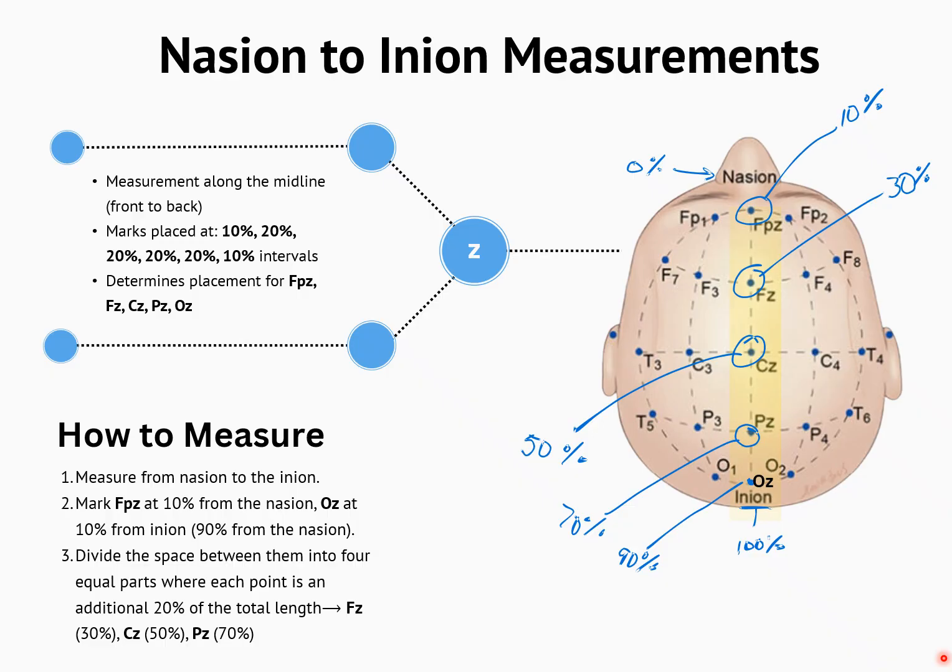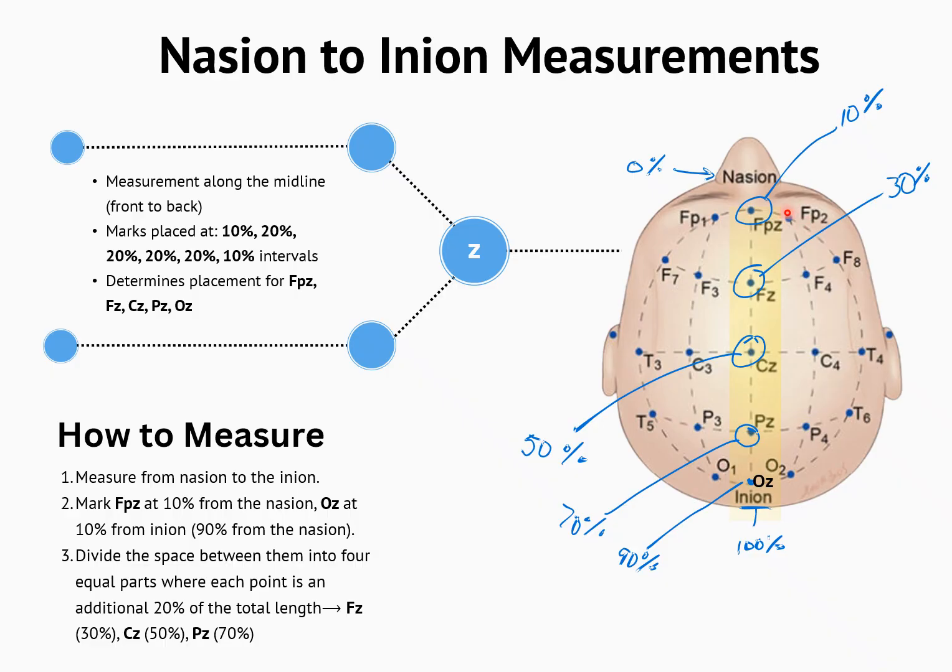And the OZ mark is 10% from the inion, or 90% (90 centimeters) from the nasion. Once we've taken those two points, we divide the remaining 80 centimeters, or 80% of the total distance, into four equal 20 centimeter segments.